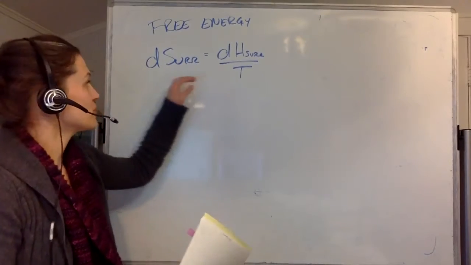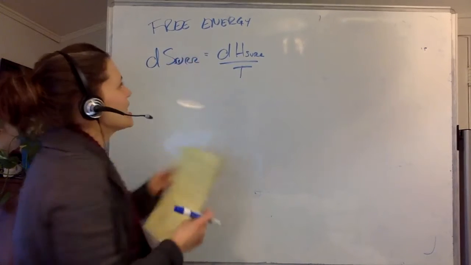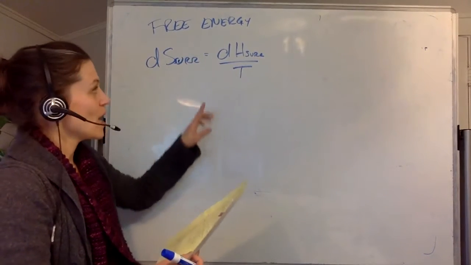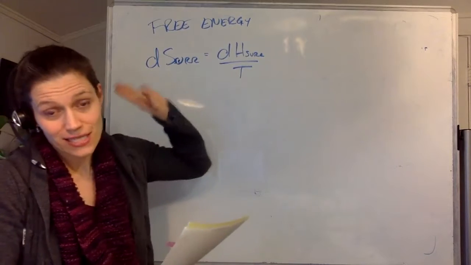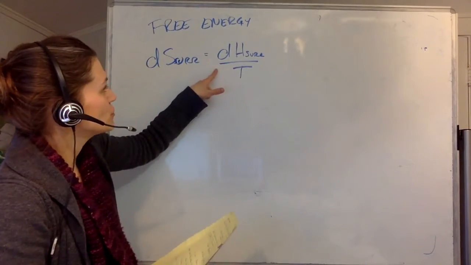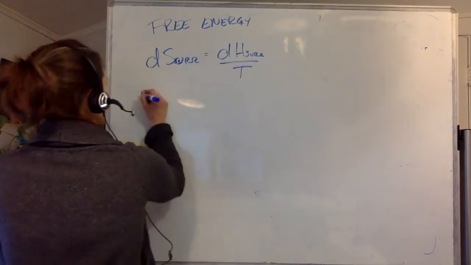Okay, so now I've just rewritten. So now we have dS of the surroundings is equal to dH of the surroundings per temperature. And again, this is constraining it to be a constant pressure system. So what we're going to do is look at what happens at constant temperature.